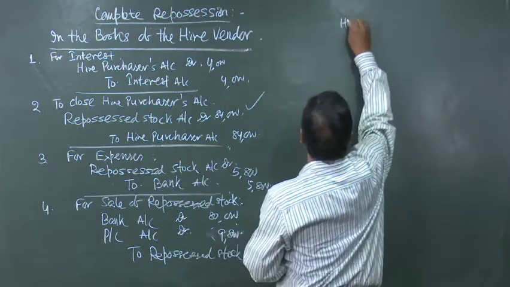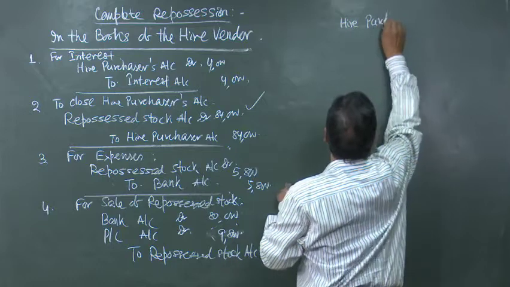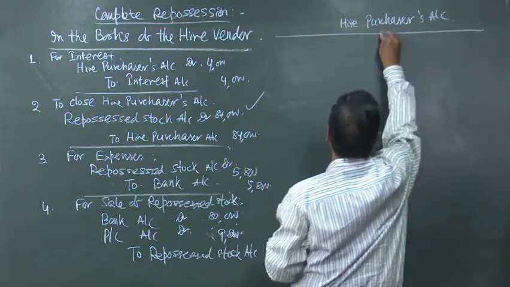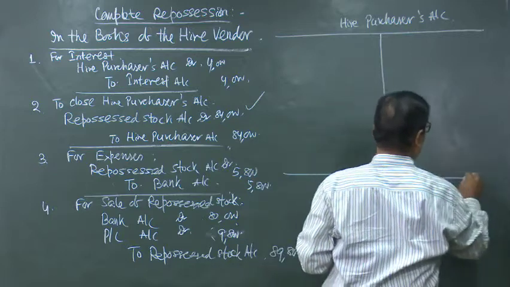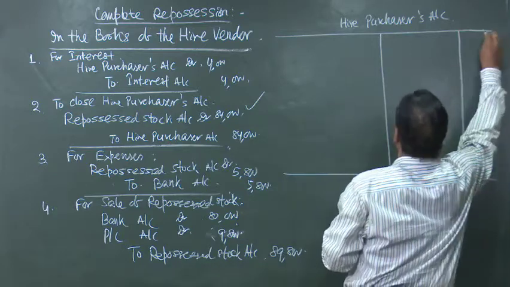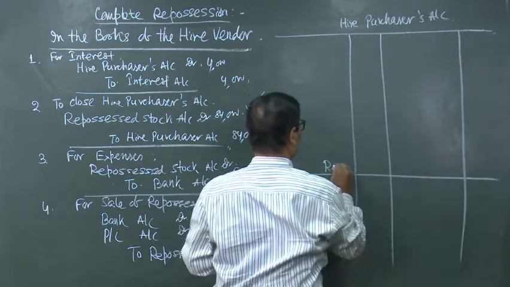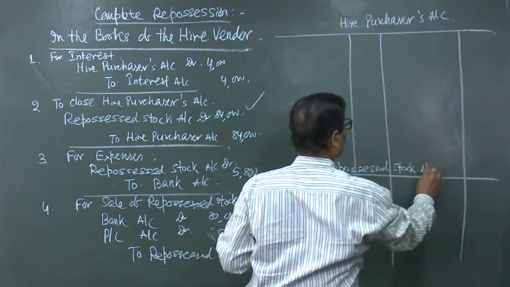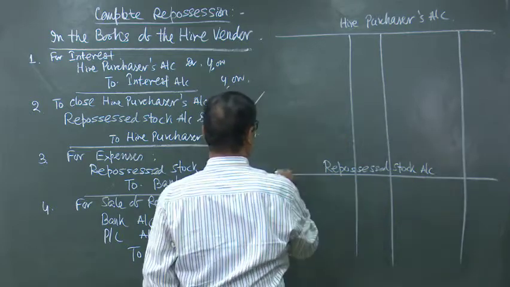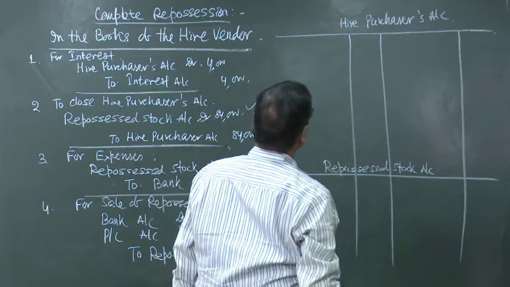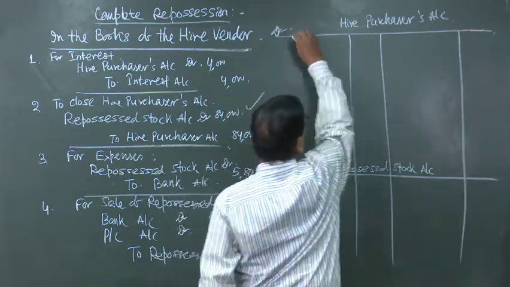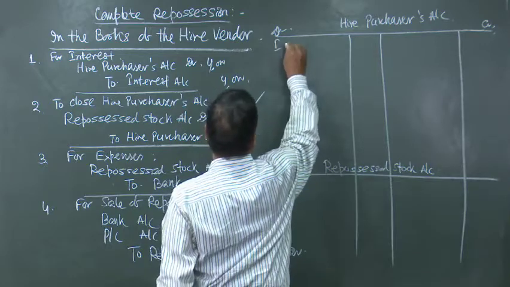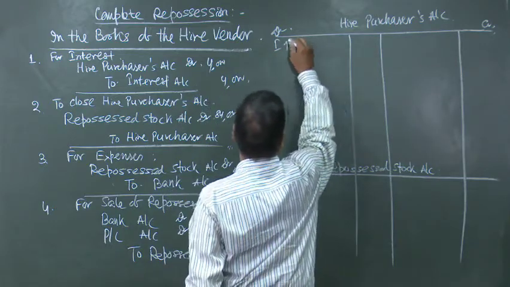We will prepare one hire purchaser account. So, in the first year, when it was sold, hire purchaser account debited to hire sales account.